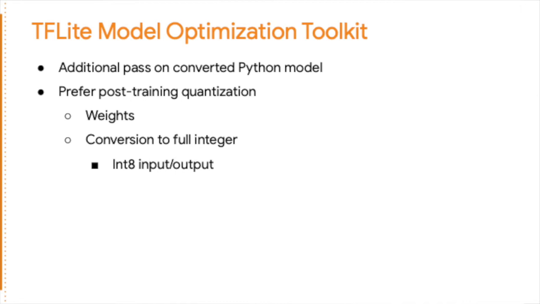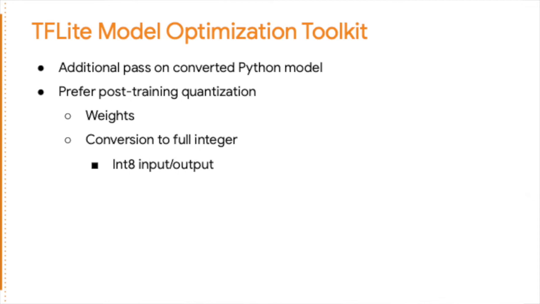So post-training quantization is nice because you just train your model as usual, ignoring the fact that you're going to be deploying with quantization, and then the only obstacle is that you have to supply some representative data sets at the conversion stage so that we can figure out how to set the activation ranges correctly for quantization.